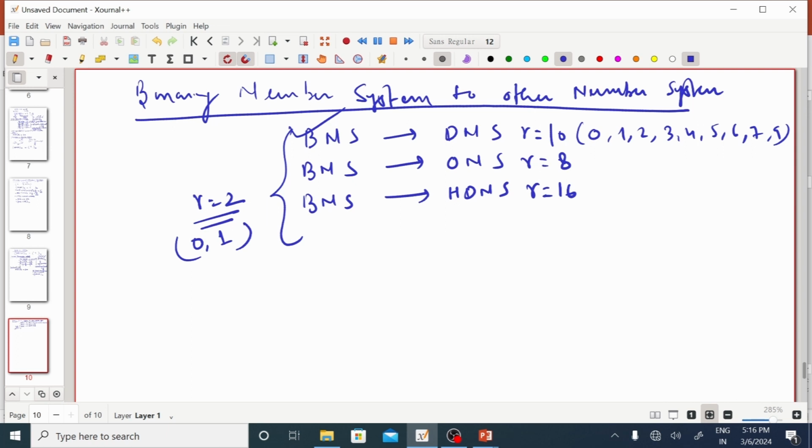Why is direct conversion possible? Because the base of the octal number system is 8, which is written as 2 to the power 3.